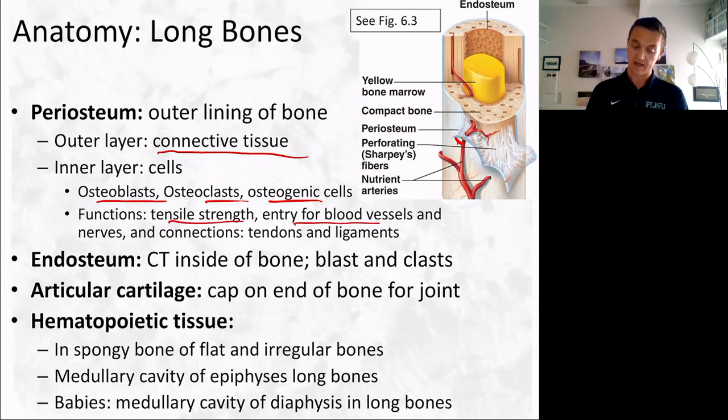It gives a place to house blood vessels and nerves. And this is where all of our connections are. When our muscles come down and fuse into a tendon, and that tendon has to attach to our bone, that fuses right into our periosteum. Same thing with our ligaments that hold our joints together. That ligament is just woven right into the periosteum. So it's a very strong connecting point.